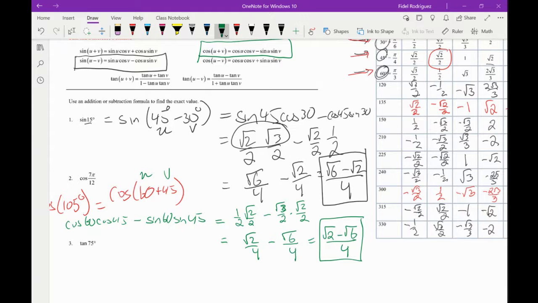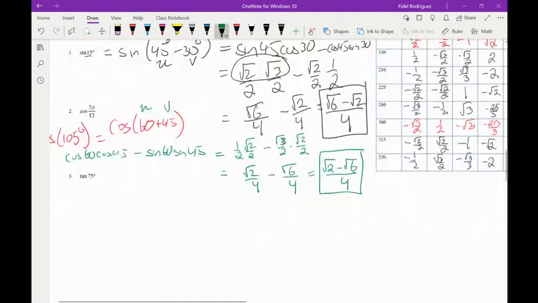So let's do another one similar to this. It's the tangent of 75 degrees. Okay, we're going to play the same game we just played. How can I come up with 75 using 30, 45, or 60? 45 and 30 together, right? Okay, now guys, does it matter which one I put first or which one I put second? No, because when you add, it doesn't make a difference which ones you add, right?